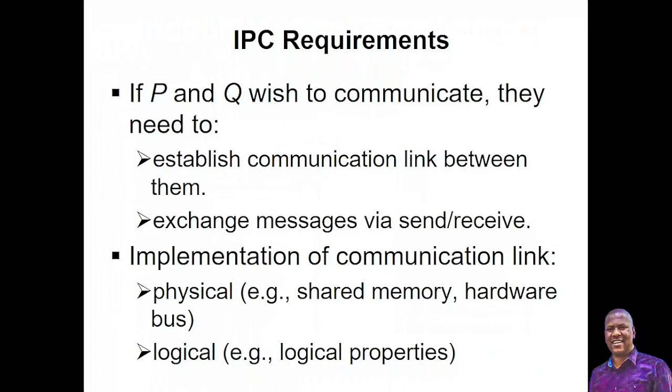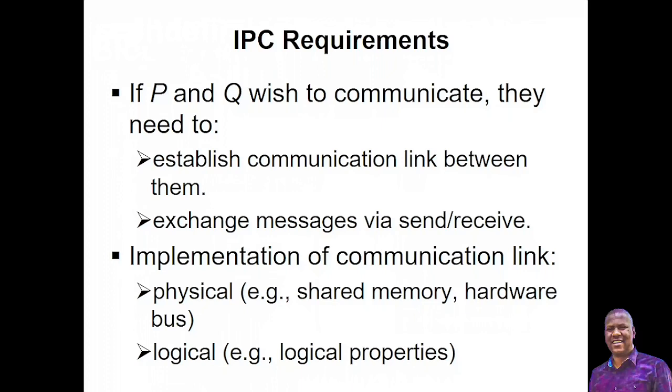Now, the interprocess communication requirements are simple. We need to have a communication link between the two processes. That's why we mentioned that infrastructure or communication media is very important, right?